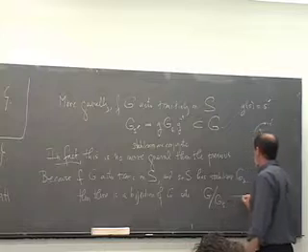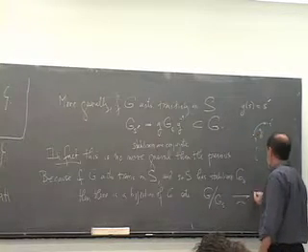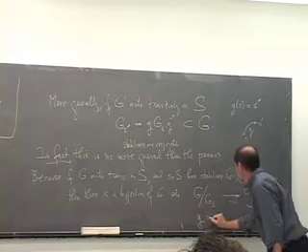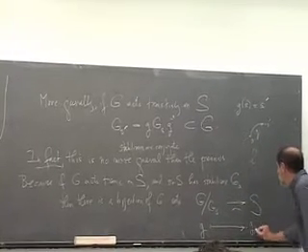G mod G_S is bijectively identified with S. That takes an element G here, and it maps it to the element G of S.